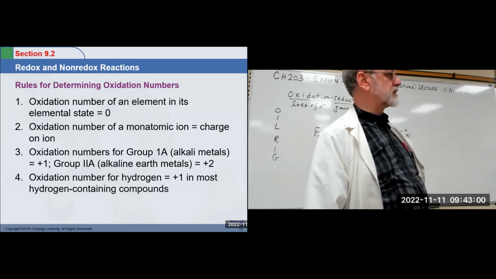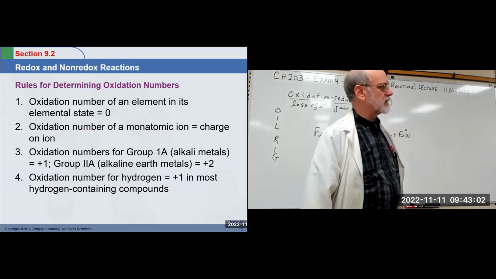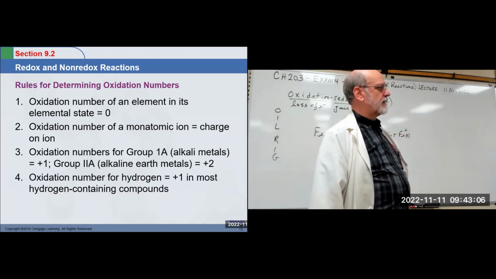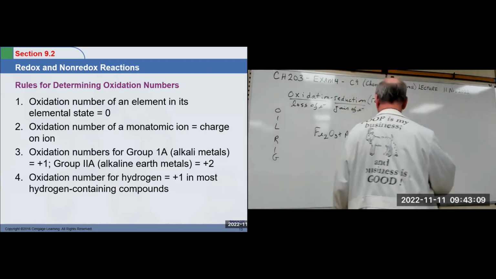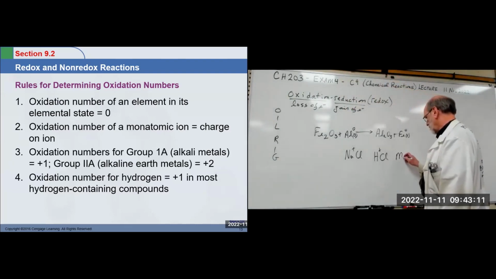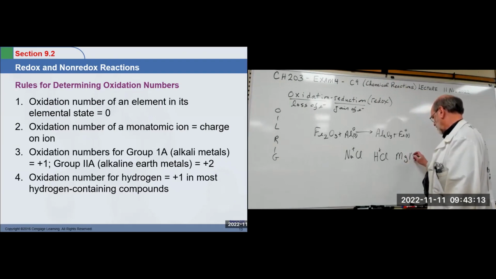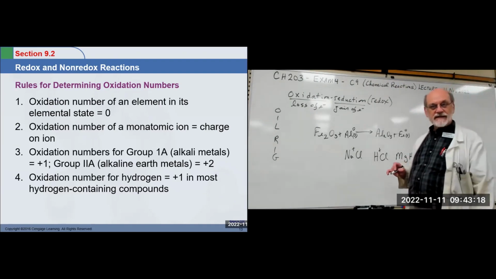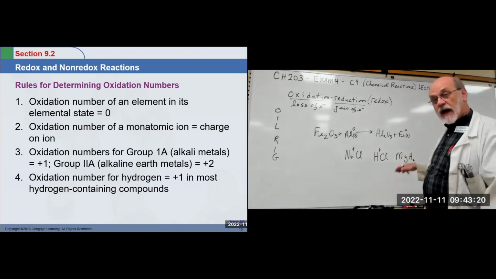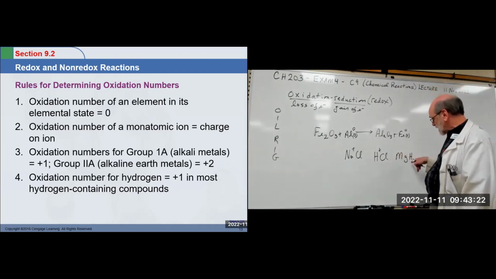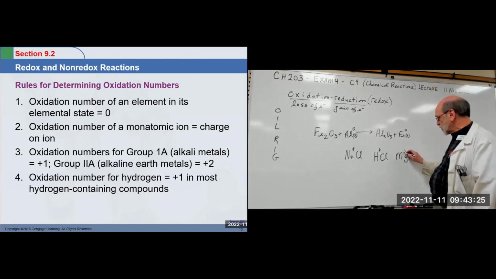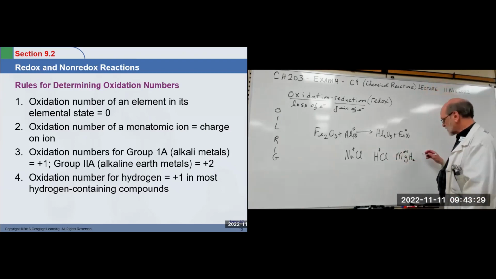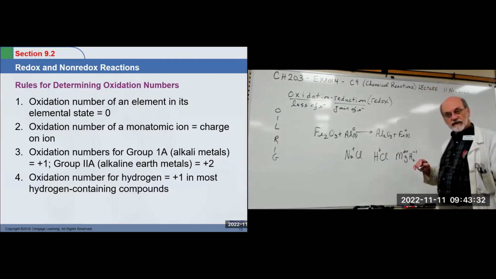How about this one? Magnesium hydride. These compounds exist. In this case, magnesium has to be 2+ because it's an alkaline earth. So that means hydrogen has to be -1.